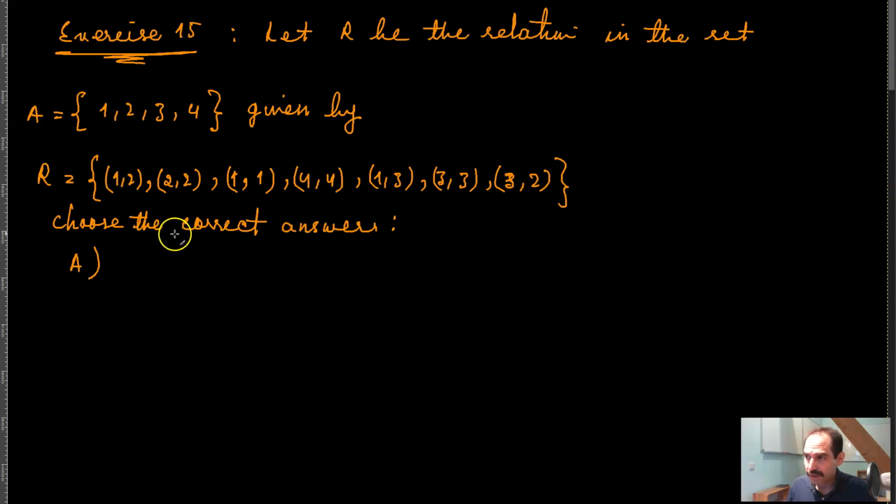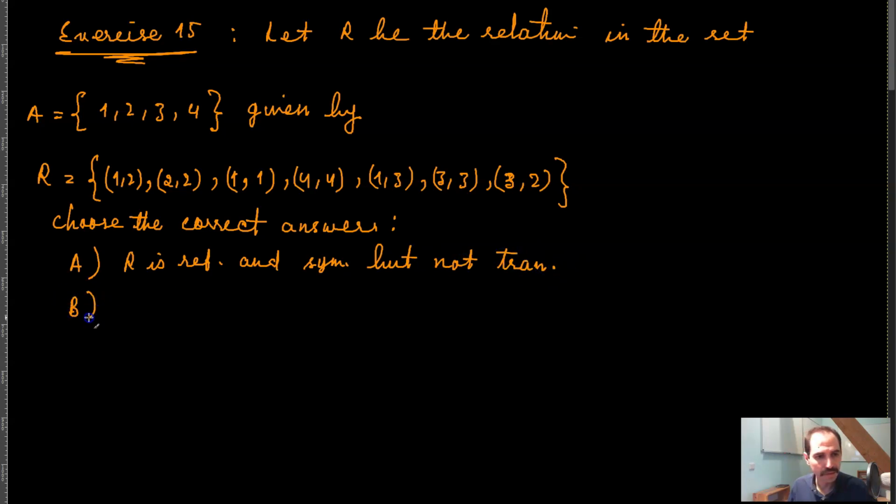So choice A is R is reflexive and symmetric, but not transitive. Choice B is R is reflexive and transitive, but not symmetric.